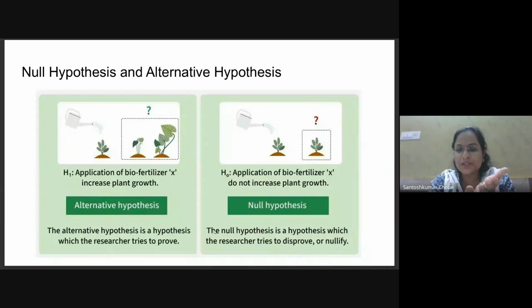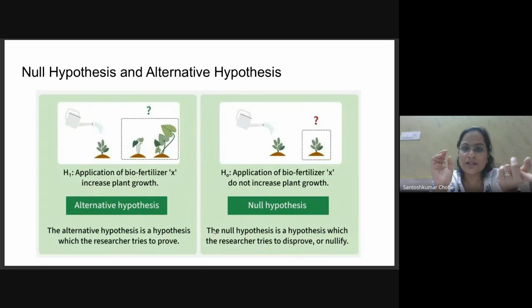The null hypothesis is a hypothesis which the researcher tries to disprove or nullify. Basically, the null hypothesis says that no difference exists, no impact because of any experimentation, so no change is expected. This is my null hypothesis, and researchers generally try to disprove or nullify it.